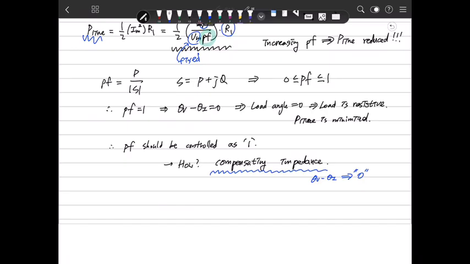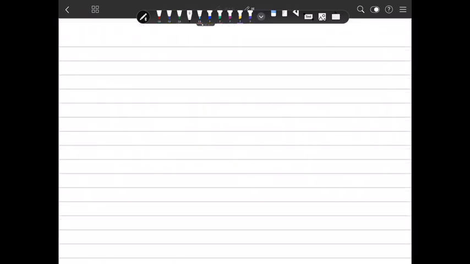So we call that compensating the impedance. So this is an example of compensating the impedance. We call this correcting the power factor.